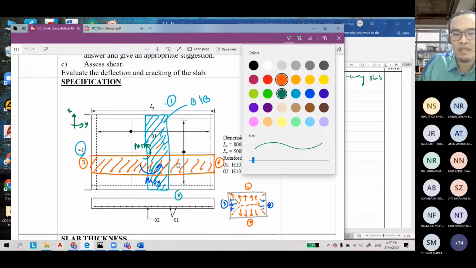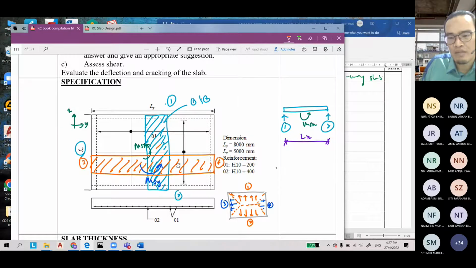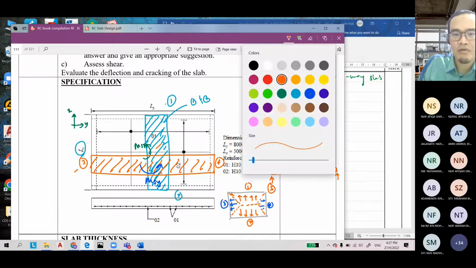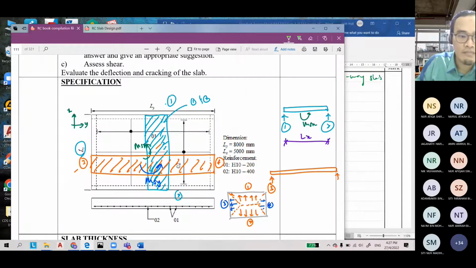For the orange color, the longer part is like this one. Let's say this is beam number 3 as a support, and beam number 4. The slab is surrounded by beams at all 4 edges. The green color is the beam.